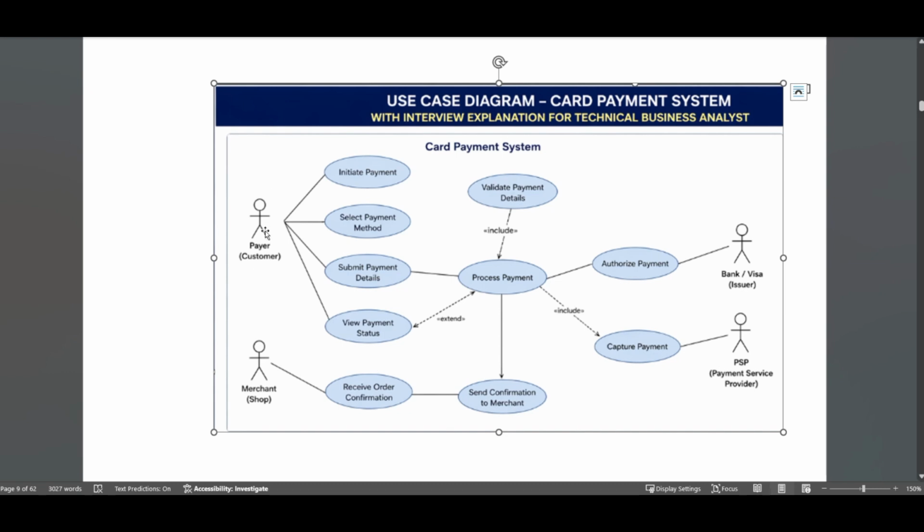As an external user, how they interact, and what the system will do, how it is going to execute the functionality. Those are the two things we will be looking at in use case diagrams.